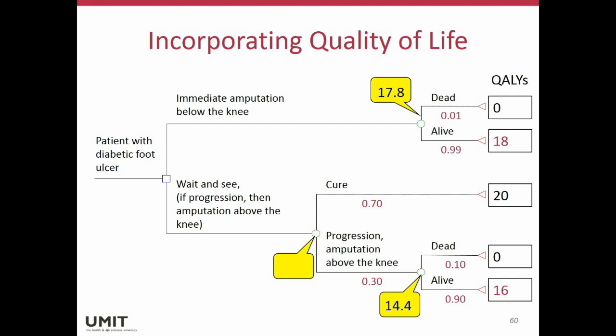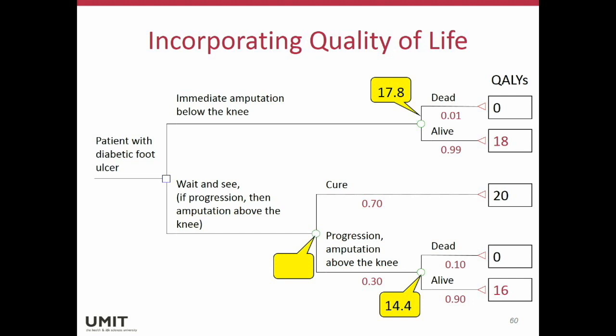Yes. So how do I do the upper calculation? It's always the same thing. Weight times outcome plus weight times outcome. I harvest things by getting those rewards. In this case, these are 0, and those, and I have to add them. So 0.01 times 0 plus 0.99 times 18 gives me that number. Here, at the bottom, I have the 0.70 times 20. That's part of my harvesting. I put that on my account.